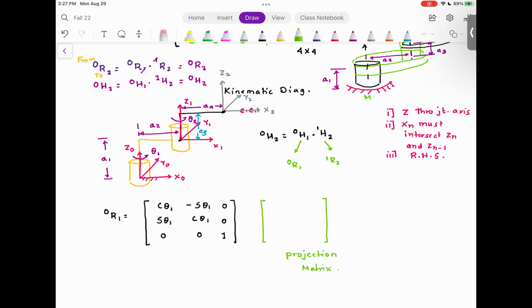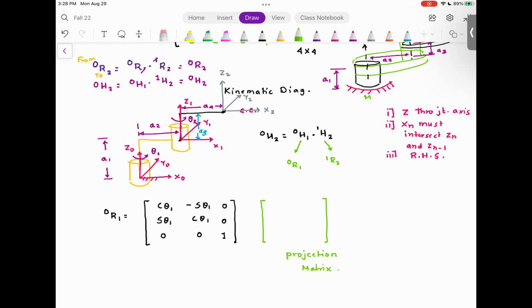In this particular case, Z0, X0, and Y0 in the kinematic diagram are aligned with x1, y1, z1, but there is no guarantee that x1 will be aligned with x0, and y1 with y0.